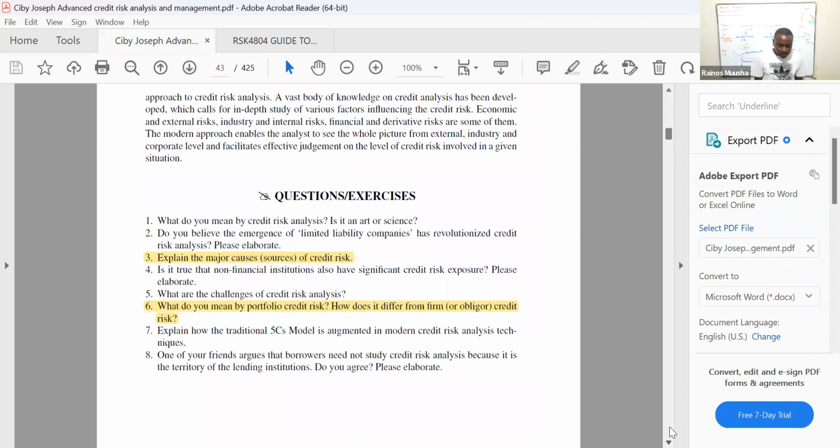So from chapter 2, can you look at question 3 and question 6 of the chapter? Under practice questions or exercise questions, as your homework, can you look at question 3 and question 6 of chapter 2?